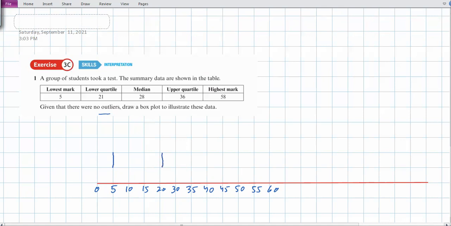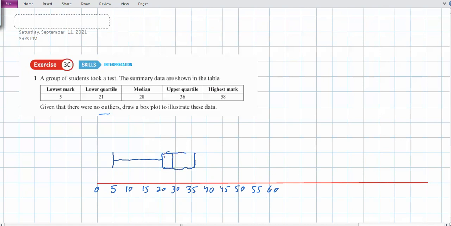Draw a line, and in the middle make a line to join these. Then you make the box always for the lower quartile, upper quartile and the median. What is the median? 28, so 28 will be almost here. This is your median. Then the upper quartile is 36. This is 35, so 36 is this. So you will make a box for this one.